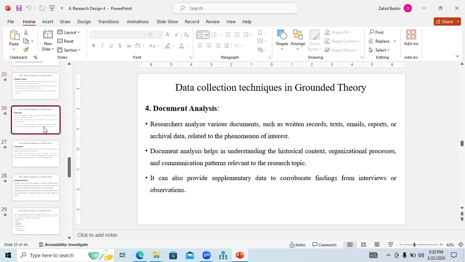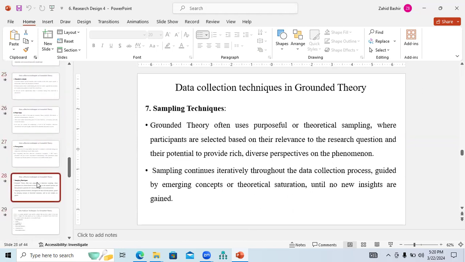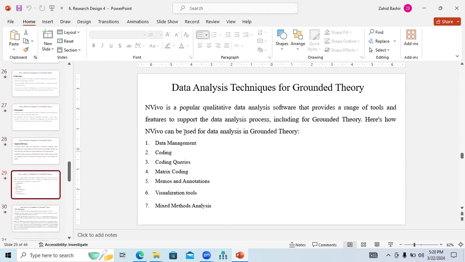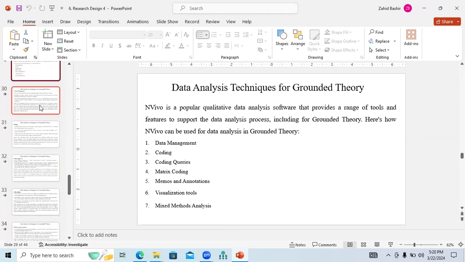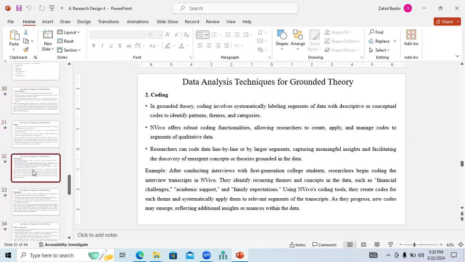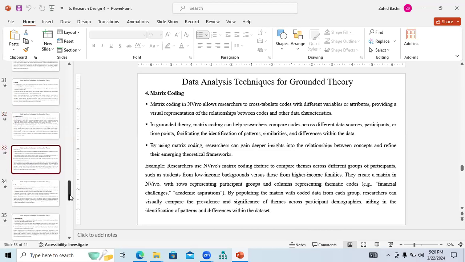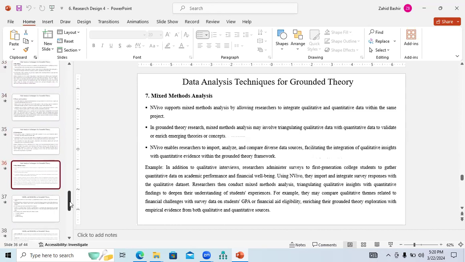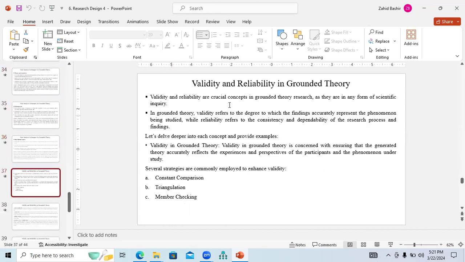We have covered the data collection in our last session. So the last session was about the data analysis technique for grounded theory. So today I am going to discuss the next part, which is related with validity and reliability in grounded theory.